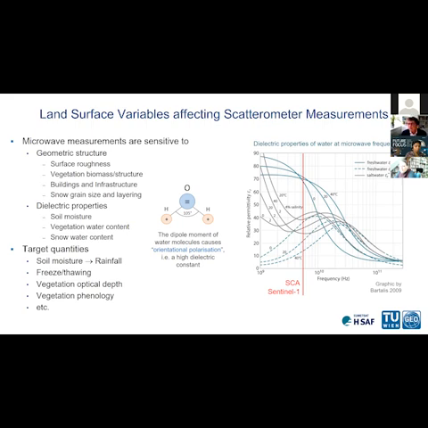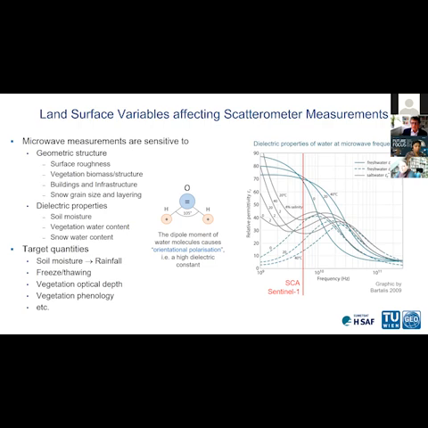So we can also nicely see frozen soils with the scatterometer measurements. Of course, vegetation also has an impact, and there we can focus on different variables, for example the vegetation optical depth, and we can look into vegetation phenology and others.